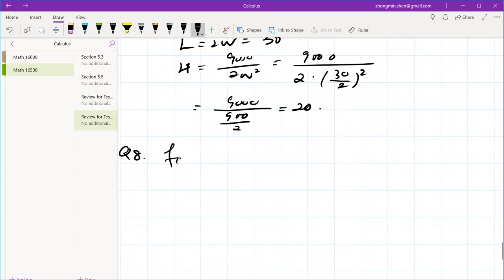All right, so here's the function. Sketch the graph. Find all necessary information and sketch the graph.